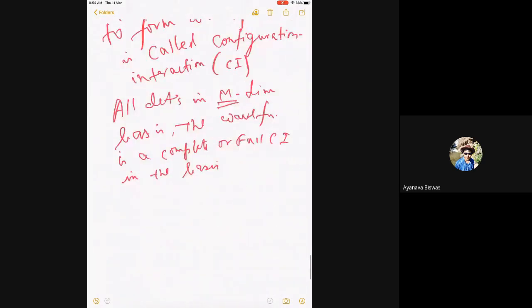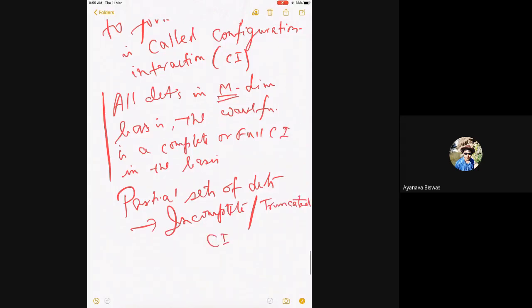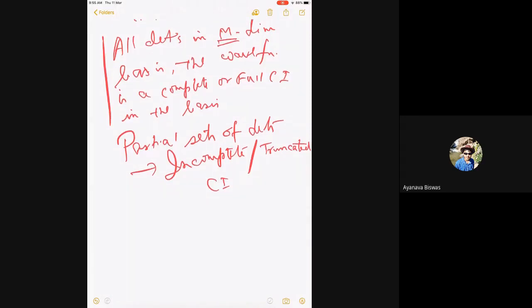So full CI is all determinants. If on the other hand you take a partial set of determinants, then this will be incomplete CI, or sometimes you can call it truncated CI. And this can still be better than Hartree-Fock.